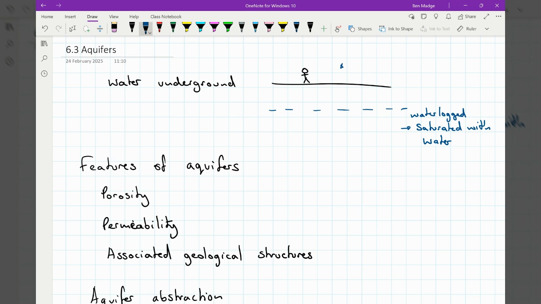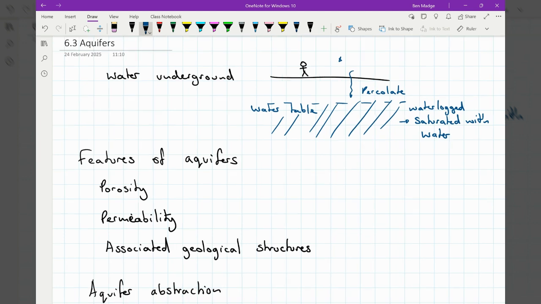And this is called the water table. Beneath this is the natural level to which water will percolate through the soil until it can't go any further down, basically. And this is the basis for an aquifer.